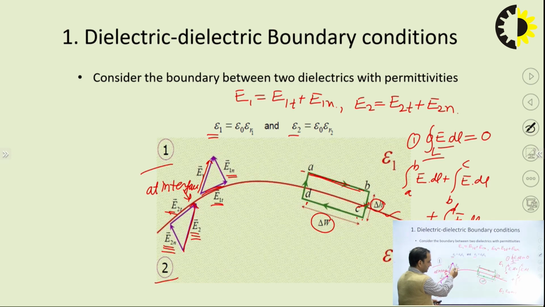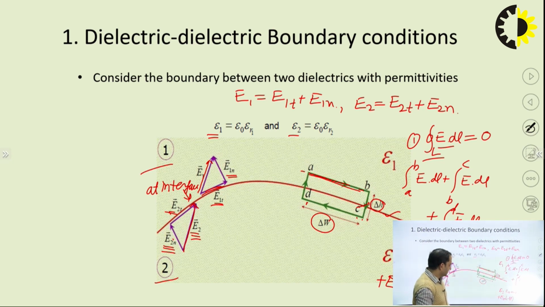This is normal, but in the opposite direction, so it will be E1n into minus delta H by 2. Similarly, for the second half the electric field is upward, and the second half of B to C is downward, so again with the minus sign: E2n into minus delta H by 2.